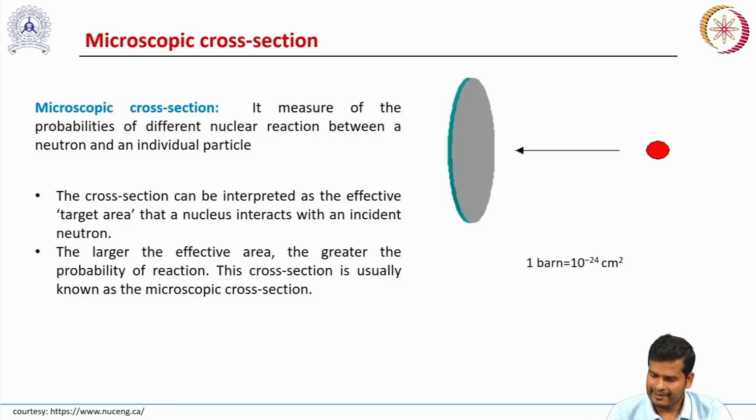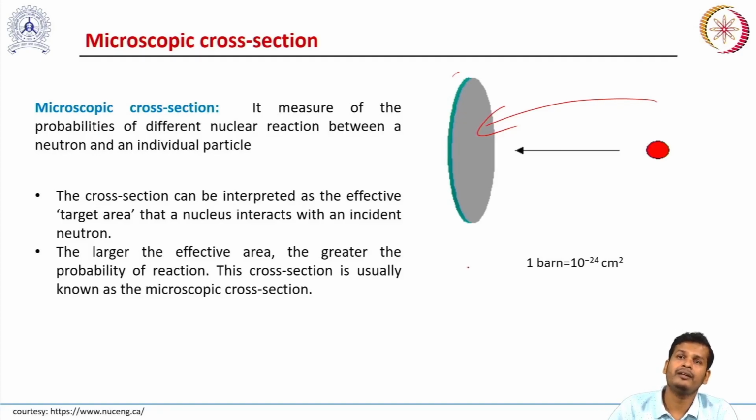Let's take a general example. Let's say I have a very big area. If I throw something on it, the larger the surface area, the greater the probability that whatever I am throwing will collide with this surface area. So if I am throwing a particle on this surface, the probability of collision will be high if the surface area is very, very large.